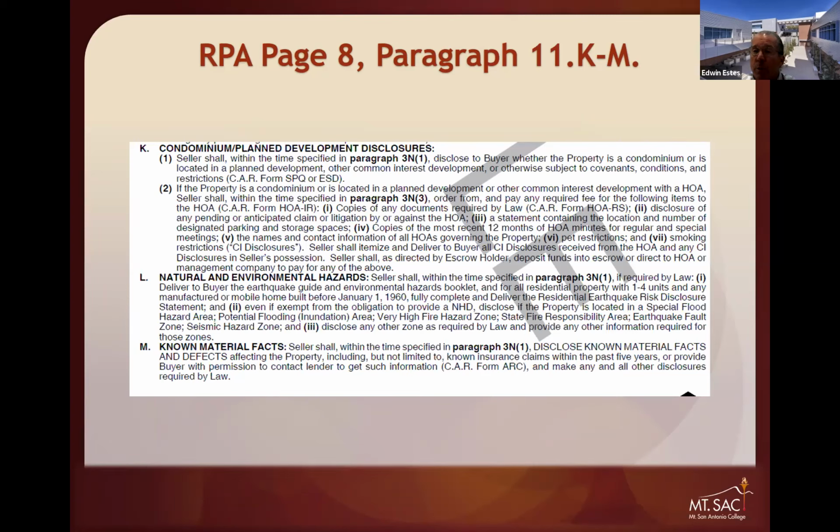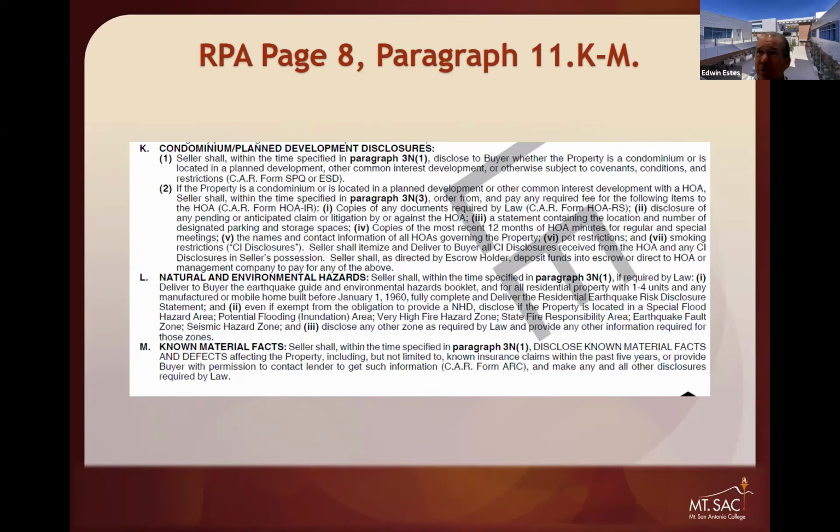So seller must request documents in 3 days from the HOA. Seller must disclose to the buyer that you are in an HOA, okay, planned development, condominium. Okay. Typically, you do that on the SPQ form. And then hopefully the association will get those documents to the buyer within 10 days. Say again, we can't require the HOA to do it.